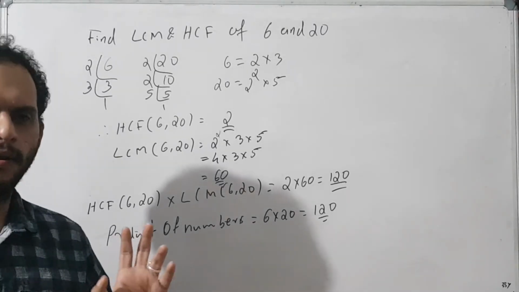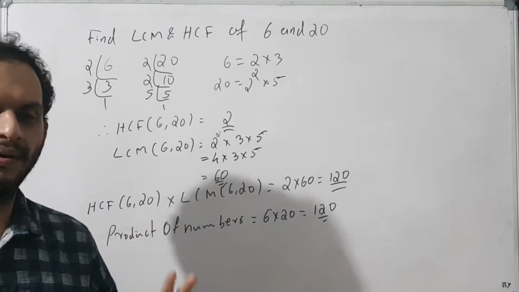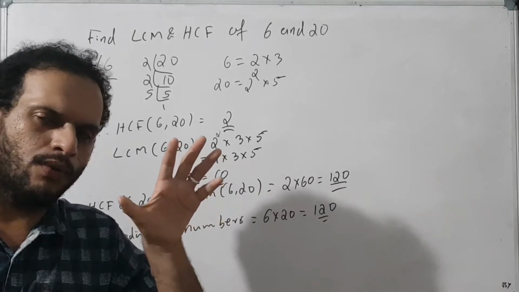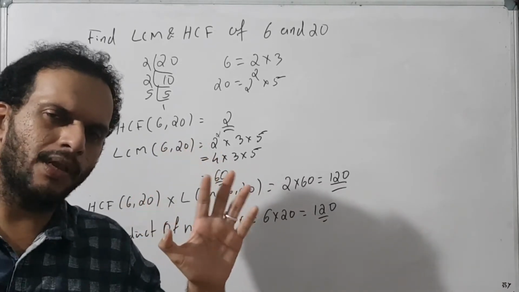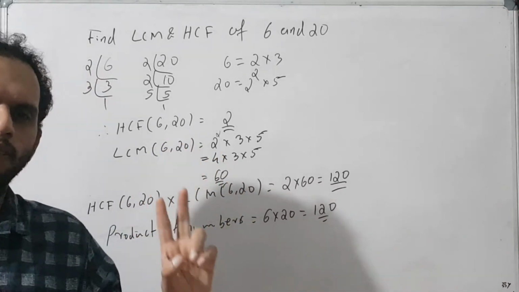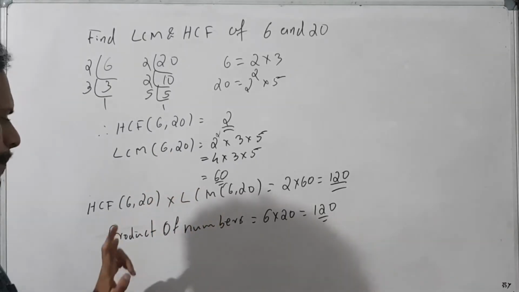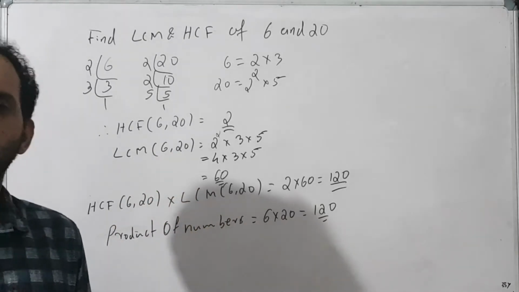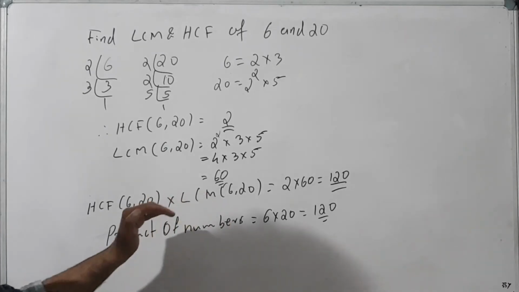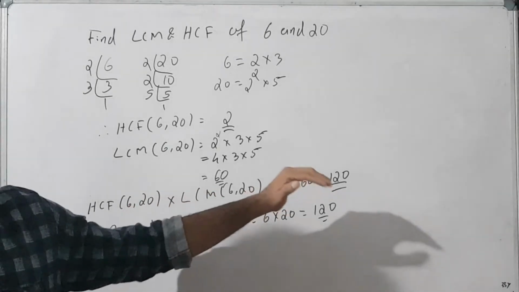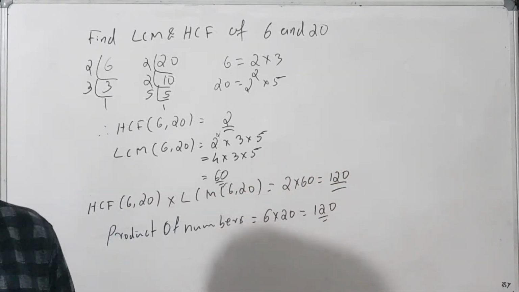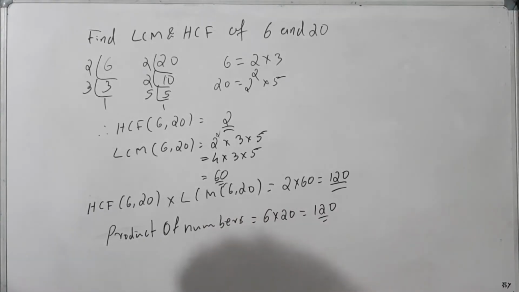The product of two numbers is equal to the product of the LCM and HCF of the same numbers. If you remember, this property is satisfied only in the case of two numbers.